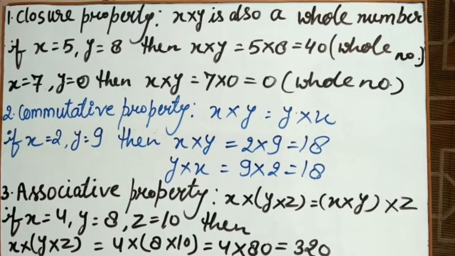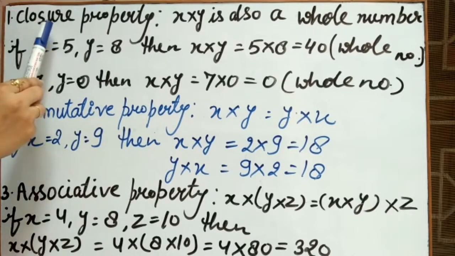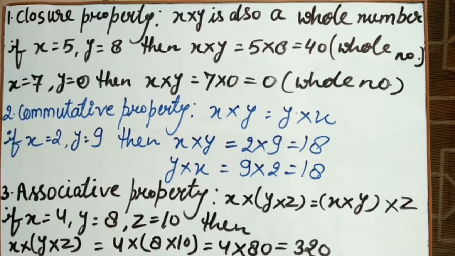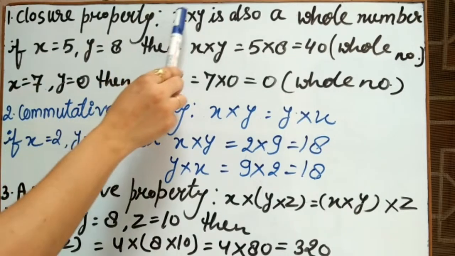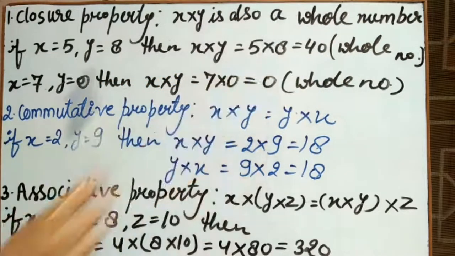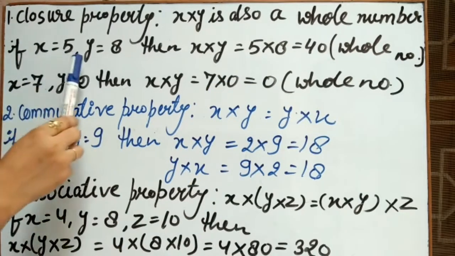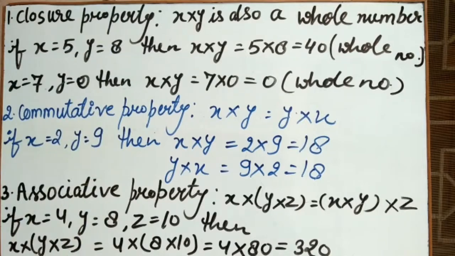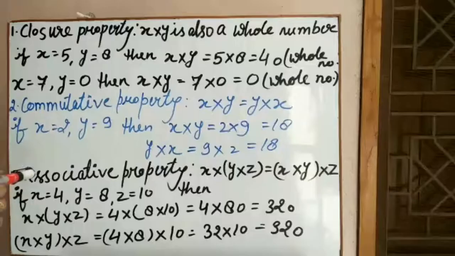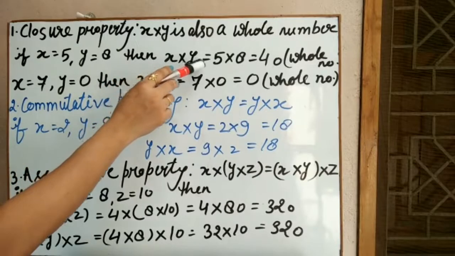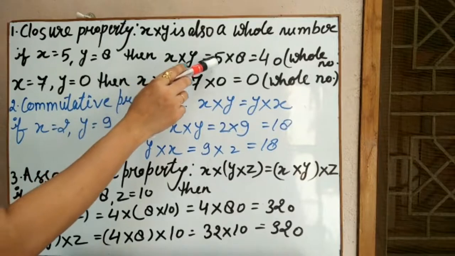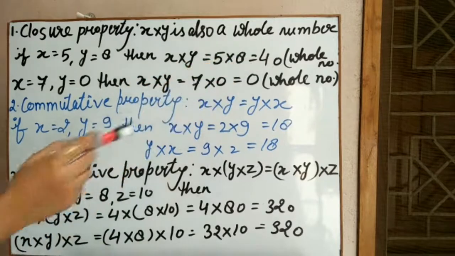Now, I will explain the first property, closure property. If x and y are two whole numbers, then x into y is also a whole number. For example, if x is equal to 5 and y is equal to 8, then x into y is equal to 5 into 8 is equal to 40.